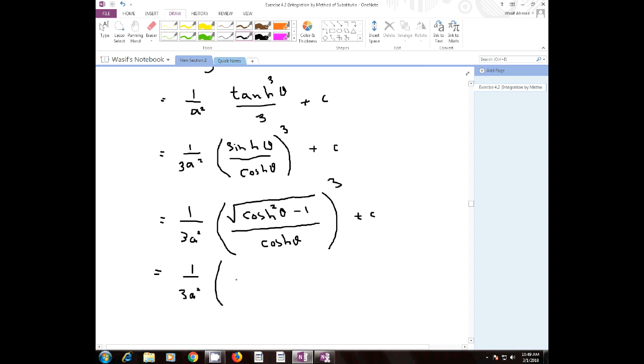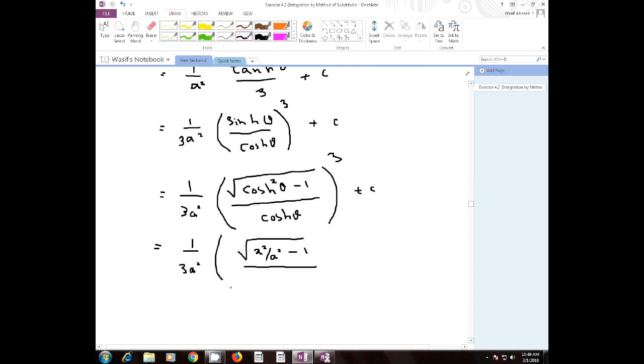In the square root we will get x square divided by a square minus 1, divided by, and instead of cos hyperbolic theta we will simply write x divided by a whole cube plus a constant of integration.